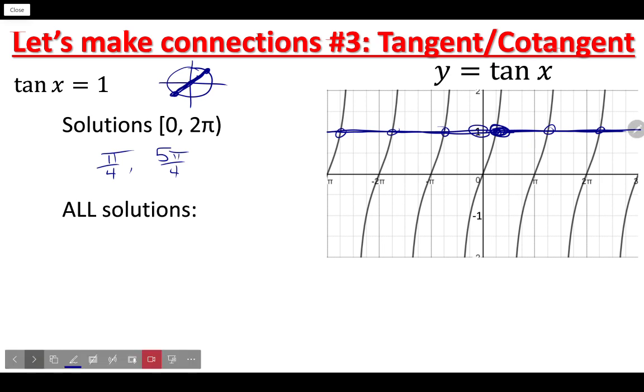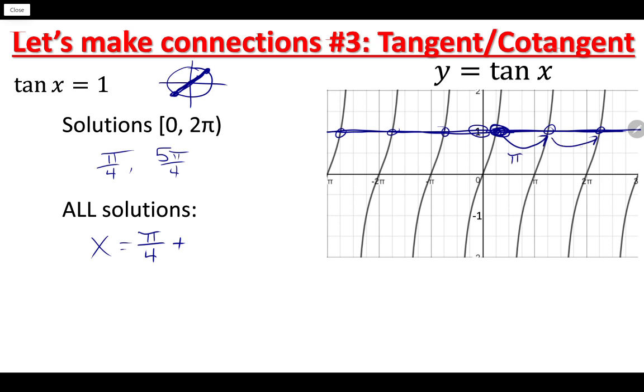So in this case, we think about how to name all solutions in the most direct way without being redundant. To do that, I can name this as x equals pi over 4 plus, how far do I have to go to get to the next solution is pi away between every single one.